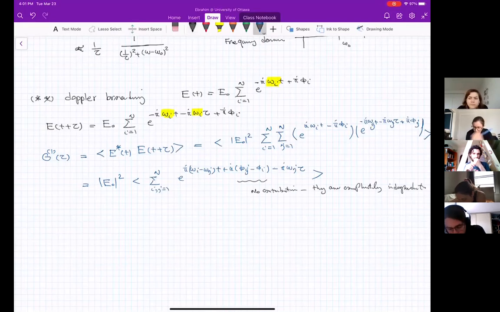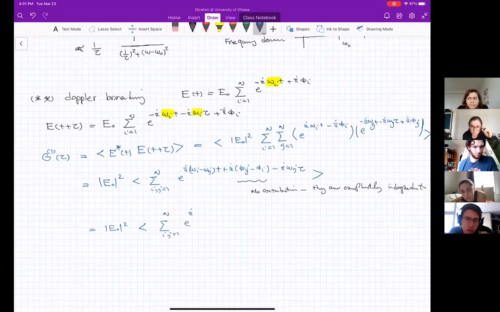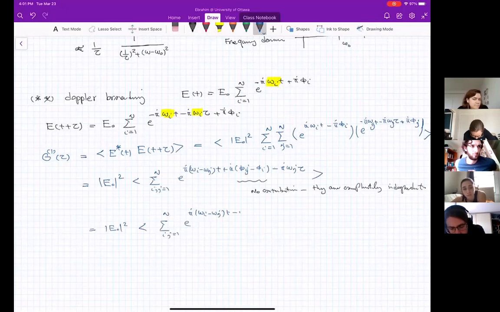Then we do have E0 power of 2, summation over i, j equal to 1 to n, then I do have the summation e power of i(omega i minus omega j)t minus i omega j tau.